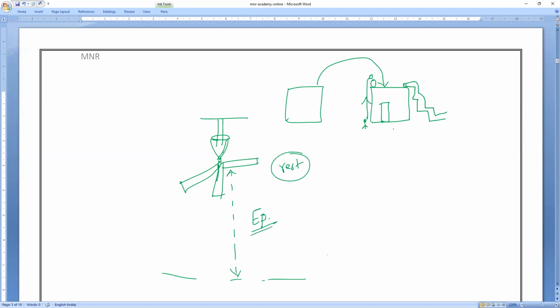Suppose I switch it on, then it will start rotating. Rotational motion is also there. Then what energy will it possess? Kinetic energy as well, both potential energy plus kinetic energy, because it is above the ground, giving potential energy, and then it is moving, giving kinetic energy. Do you all understand, everybody? All of you?